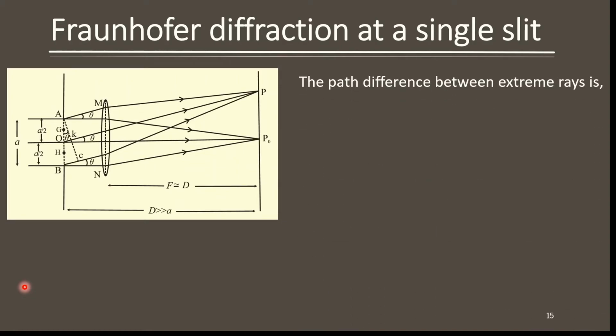The path difference between extreme rays is BC equal to a sin theta. From the figure, BC is equal to a sin theta. Let this be equal to lambda. So, a sin theta is equal to lambda. Let K be the midpoint of AC.